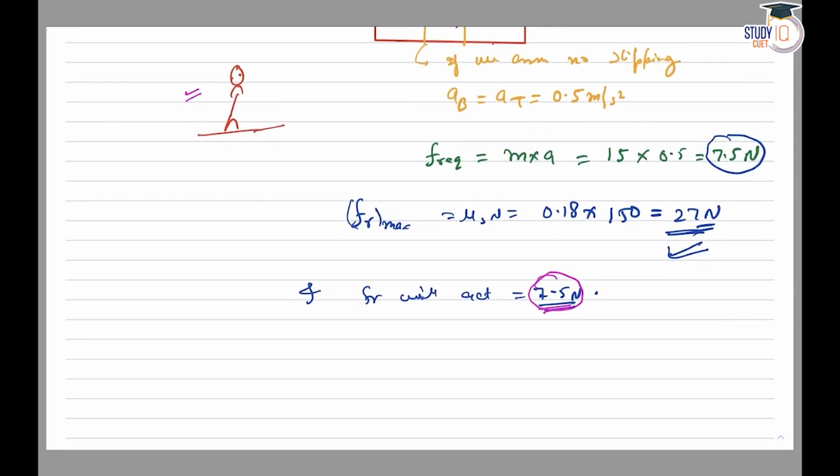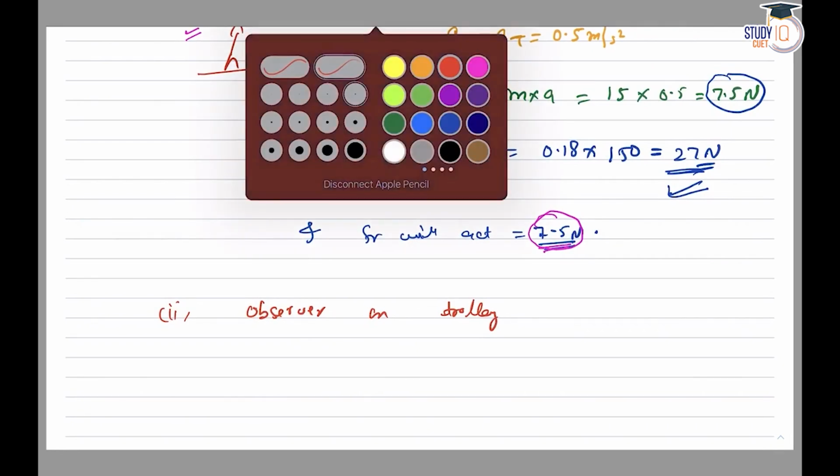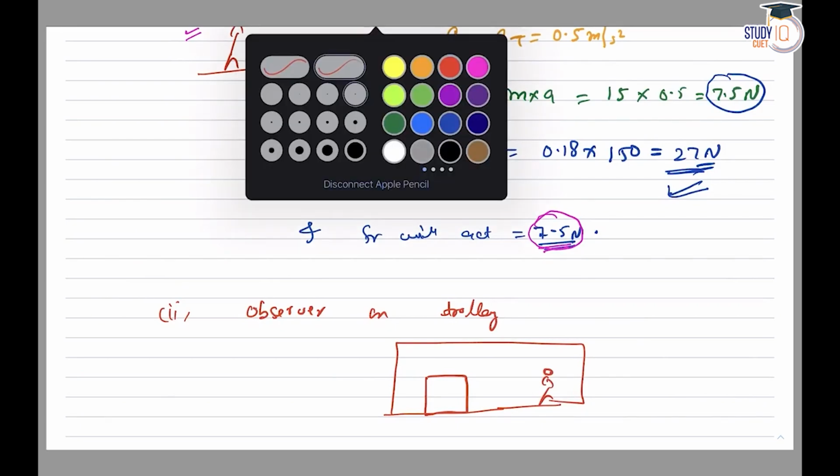Now the second part, for observer on trolley. When the observer on trolley looks at the block, when we make the FBD, we can say that the person is looking from a non-inertial frame.